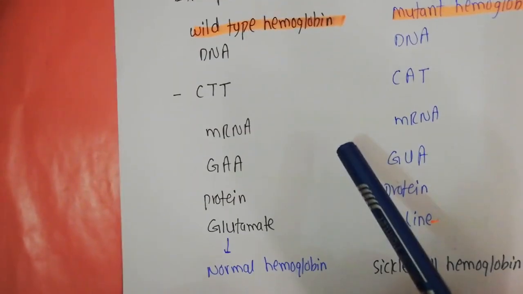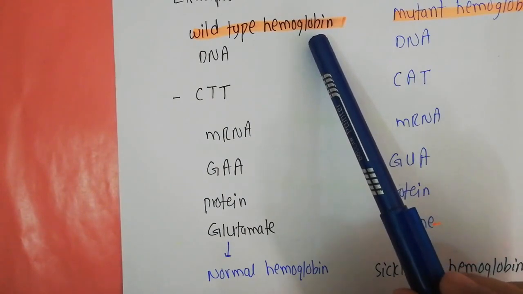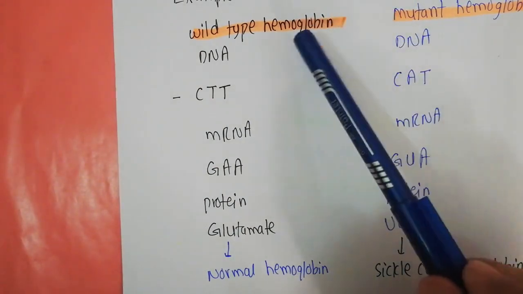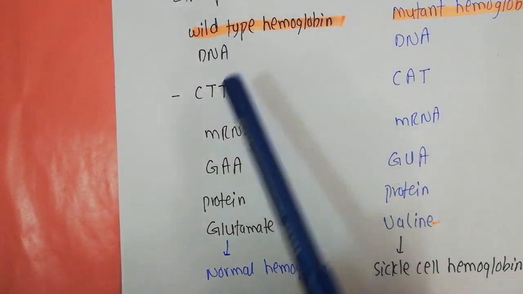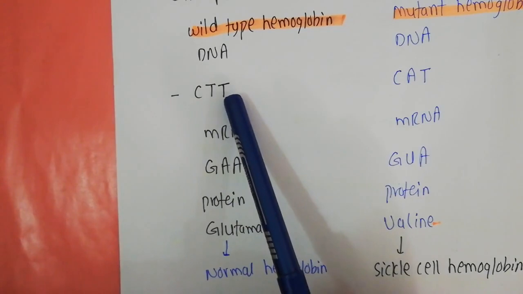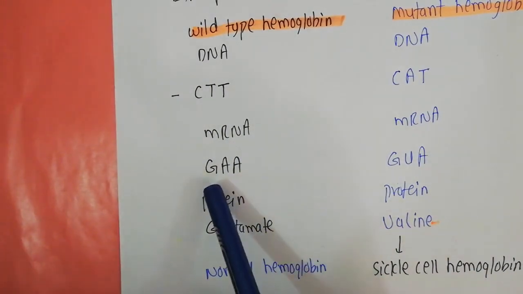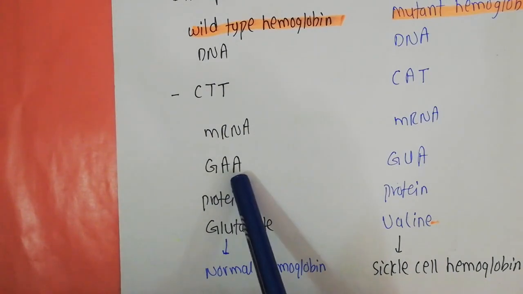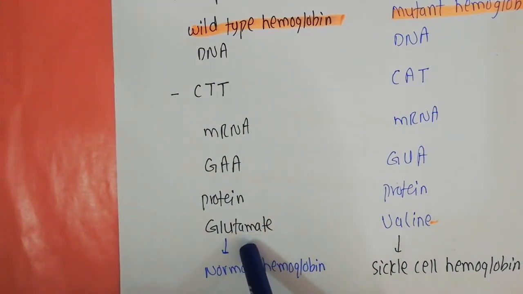When you talk about the wild type, the normal hemoglobin, its DNA has the sequence CTT. This CTT in messenger RNA is represented by GAA, and in the protein it codes for the glutamate amino acid.